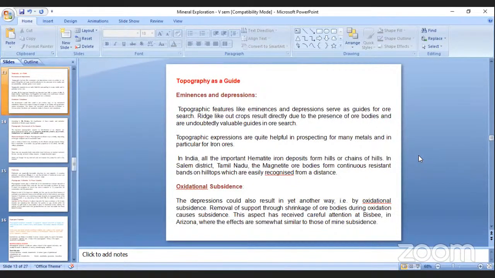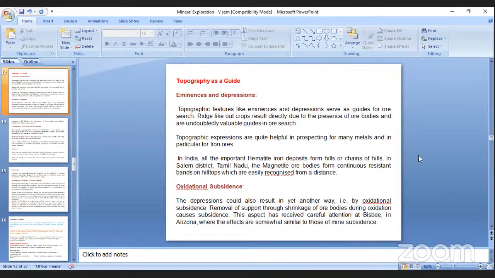Topography is also useful as a guide, with some eminences and some depressions. These topographical features serve as guides, and ridge-like outcrops result directly from the presence of ore bodies, and undoubtedly the area has a valuable guide when we are searching for an ore.